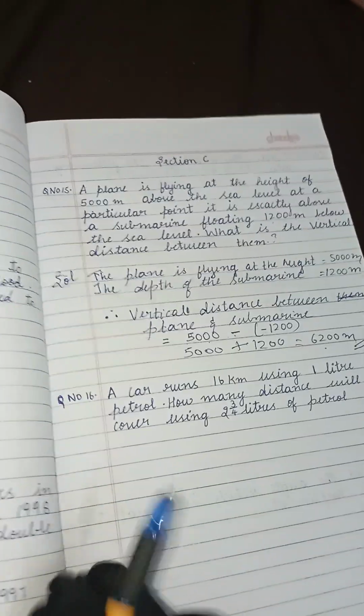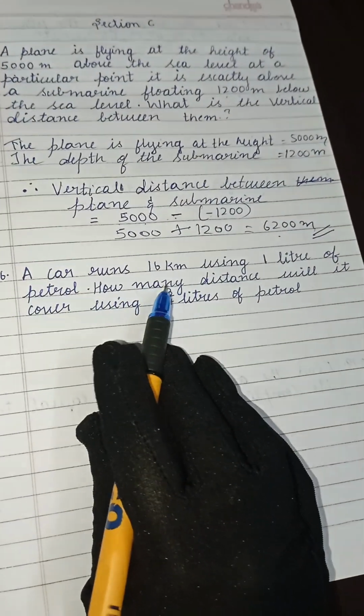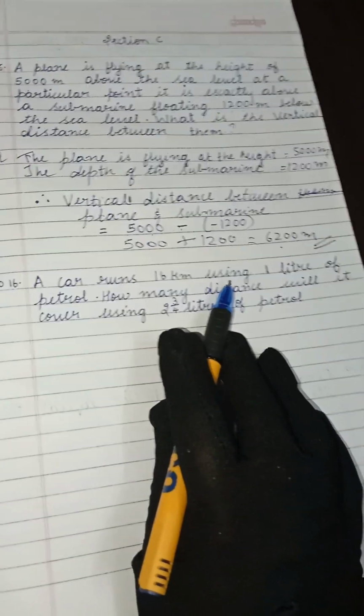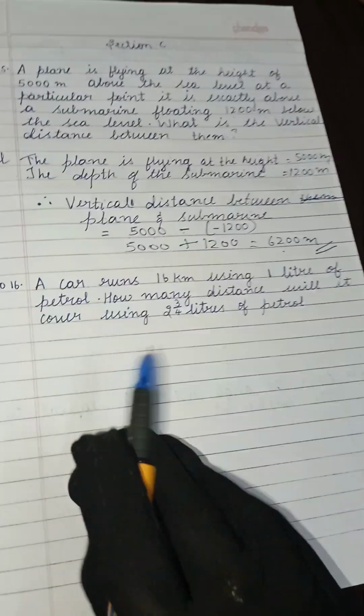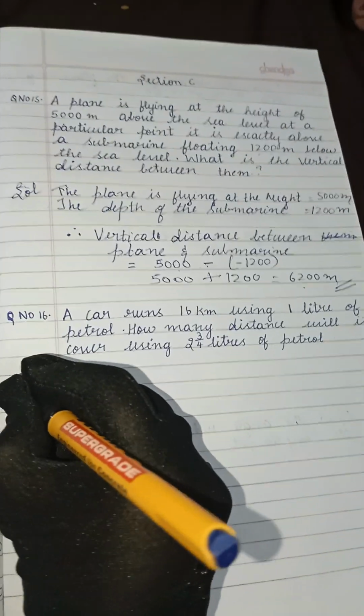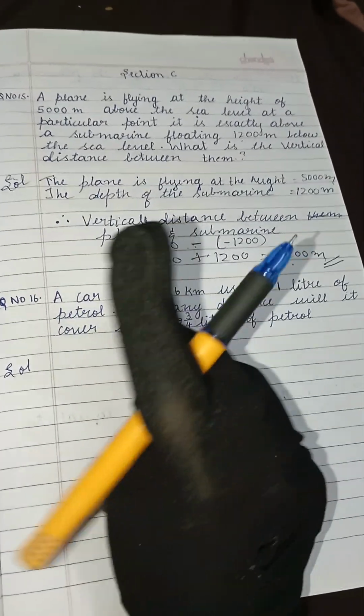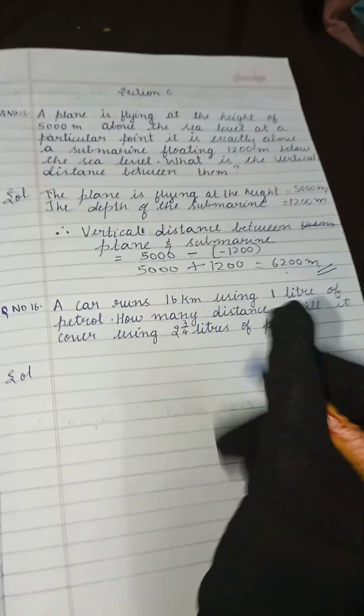Now let us solve the next question of section C. The next question here is, a car runs 16 kilometers using 1 liter of petrol. How much distance will it cover using 2 3 by 4 liters of petrol? So to solve this, see, a car runs how many? 16 kilometers. Using 1 liter of petrol, it can run 16 kilometers.